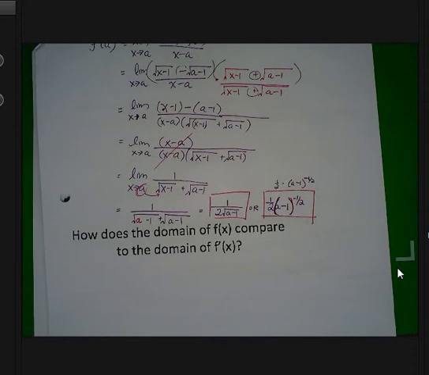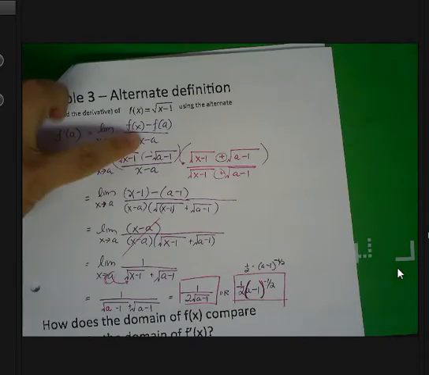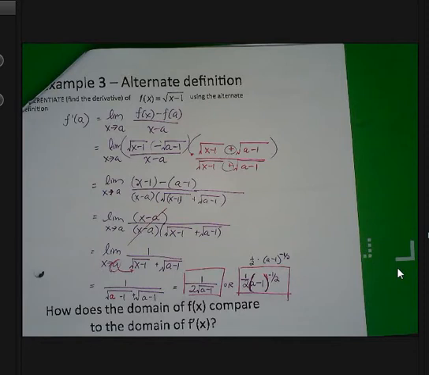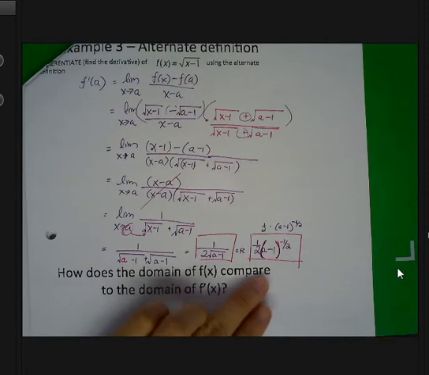Okay? And that is the derivative. That gives you the derivative function for this f of x, square root of x minus 1. Yes? So when they give you an a equals this, you plug into that? Yeah, and this is the general equation for a derivative, any derivative.